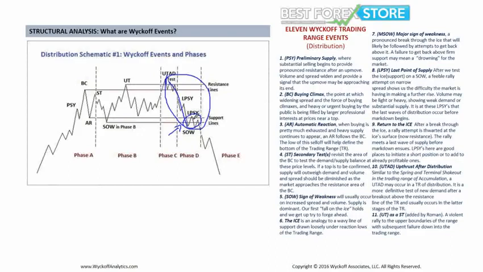They are aggressively selling because they see something on the horizon that is not good for that particular stock or instrument, and therefore their distribution is going to be more visible. And it's going to be more visible from the commitment of the price below the support, or from the spread that we're going to see on the sign of weakness reaction.